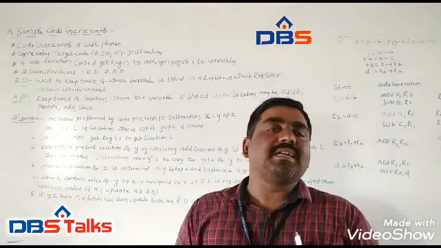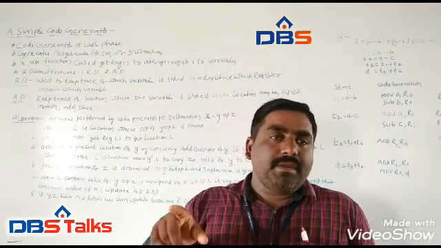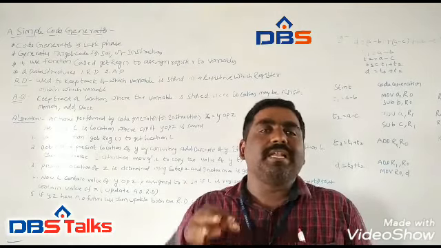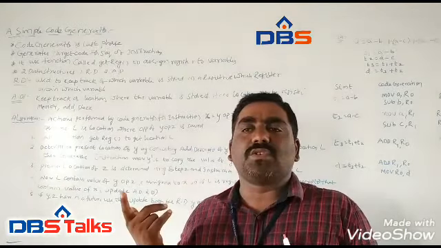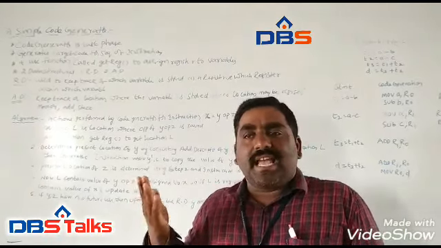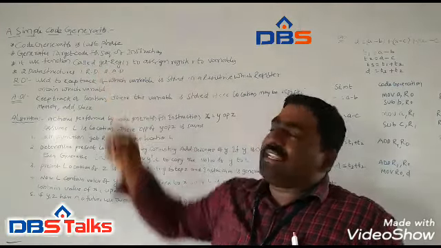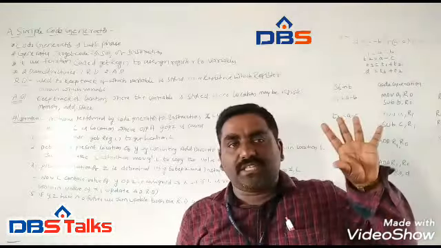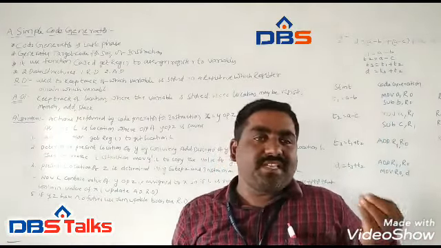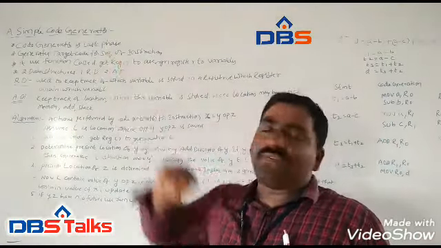That means the code generator will take the intermediate code as input, and it will give a sequence of instructions as target code. Code generator is the last phase among the 6 phases.